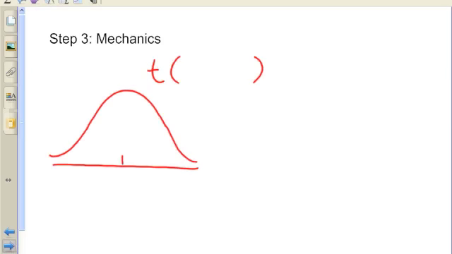So this is going to be centered at 10. That's our mean. And the standard deviation that we're going to use is our sample standard deviation divided by the square root of the sample size. So I'm going to need my calculator to help me out with that just a little bit. And then I'm going to have some given value. I better pull up just a couple things from my calculator.